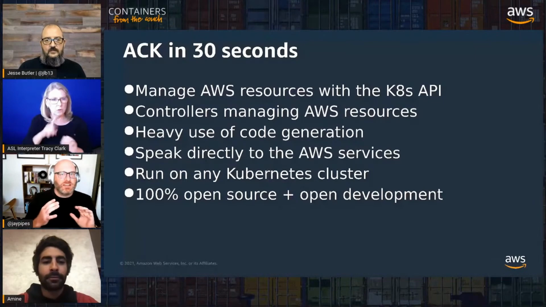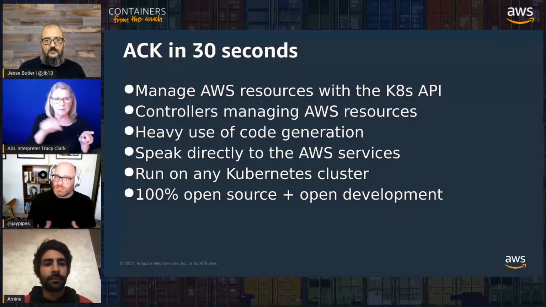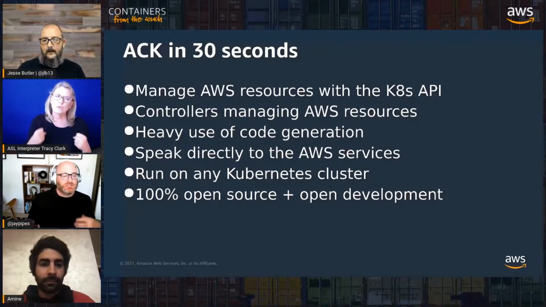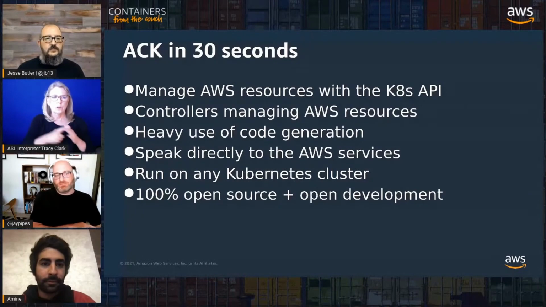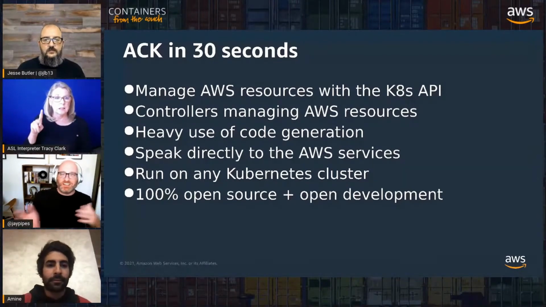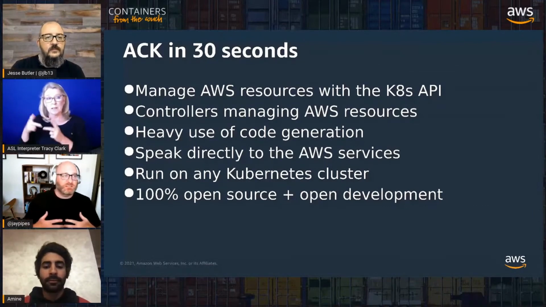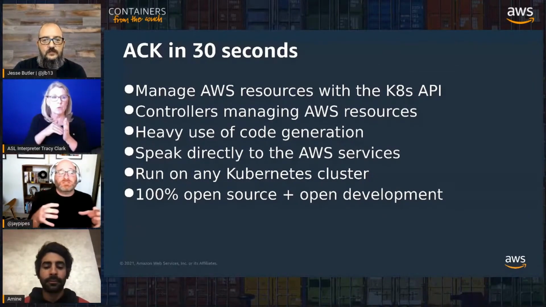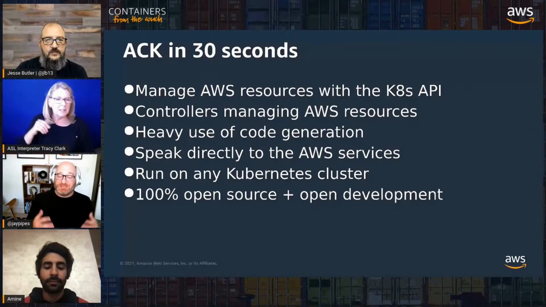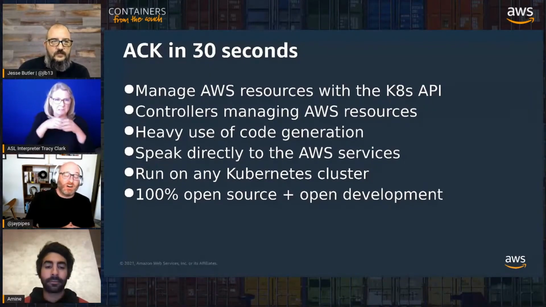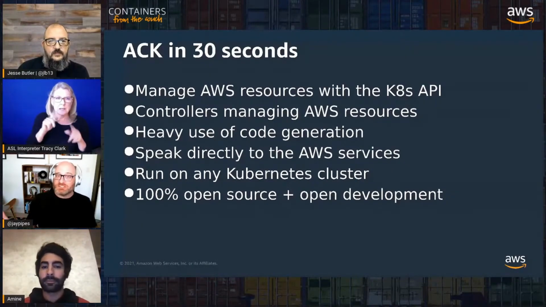We make heavy use of code generation in ACK. Those of you who saw my previous spiel about ACK at other KubeCons or re:Invent know that there's only a few of us on the core ACK team working on all of these different service controllers in ACK land.